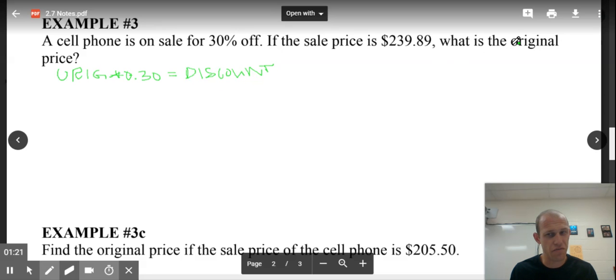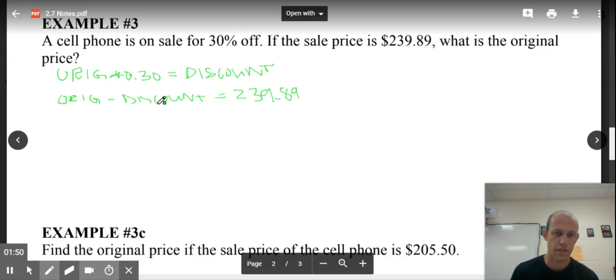That's what we're looking for. So we can't therefore find the discount. So the sale price would be whatever the original is minus the discount. And that is going to be an answer of $239.89. But we don't know what the original is, and we don't know what the discount is.